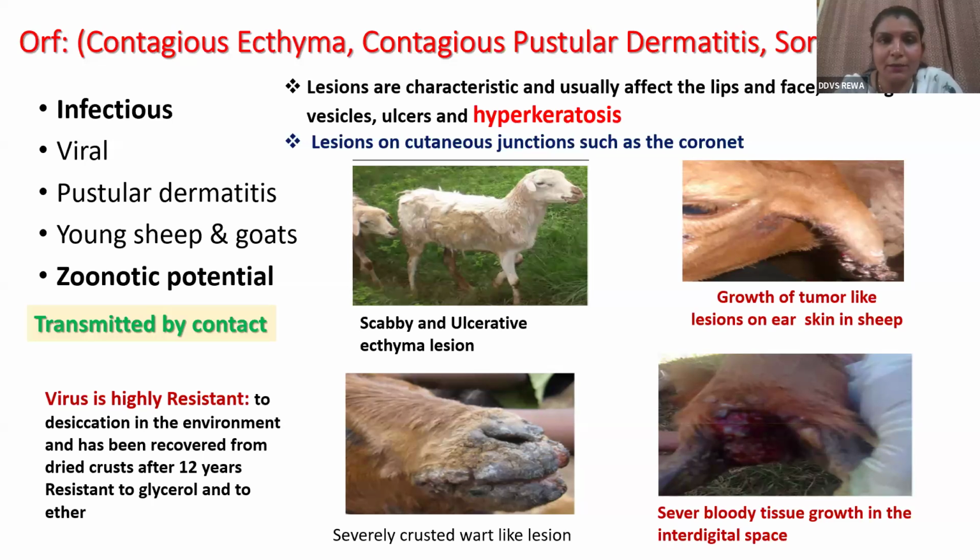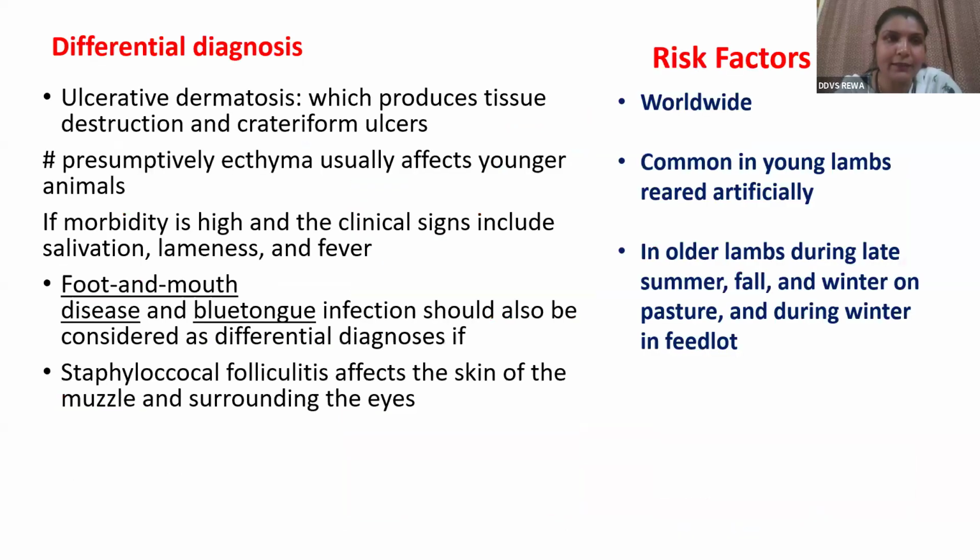The differentiating point may be the hyperkeratosis. There is a growth of tumor-like lesions in the affected areas. Mostly the oral cavity is involved, and also there is involvement of some joints. Similar to the previous virus, this virus is highly resistant. It can survive up to 12 years.